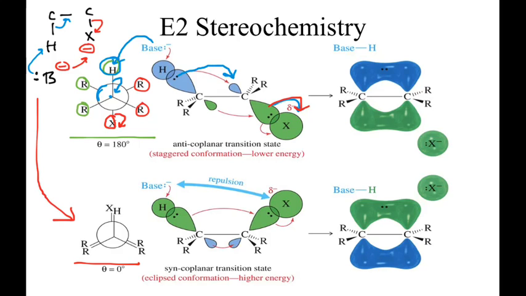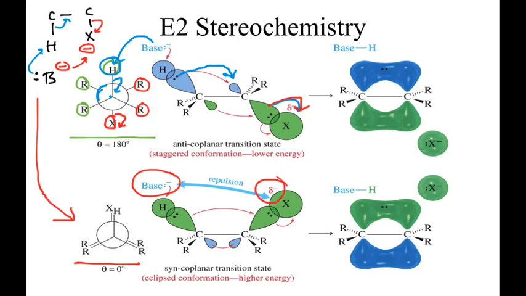That eclipsed conformation isn't a particularly stable conformation, so again, that's not a very likely conformation to begin with. If we turn and look at it from the side, the base comes in with its negative charge, sees the halogen leaving group, they butt up against each other, don't like each other, and repel away. We don't really see that elimination occur.